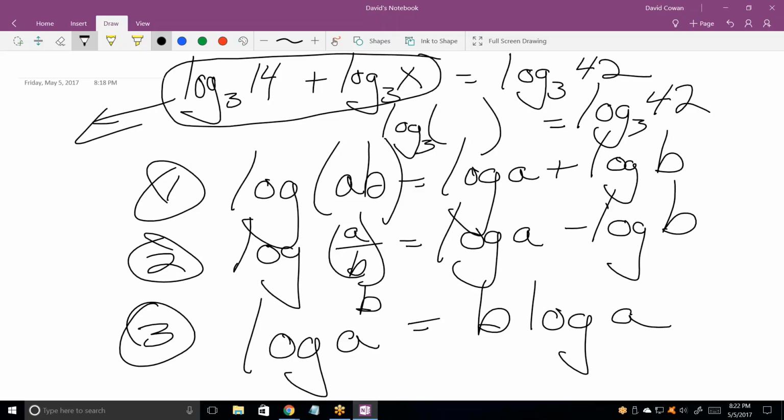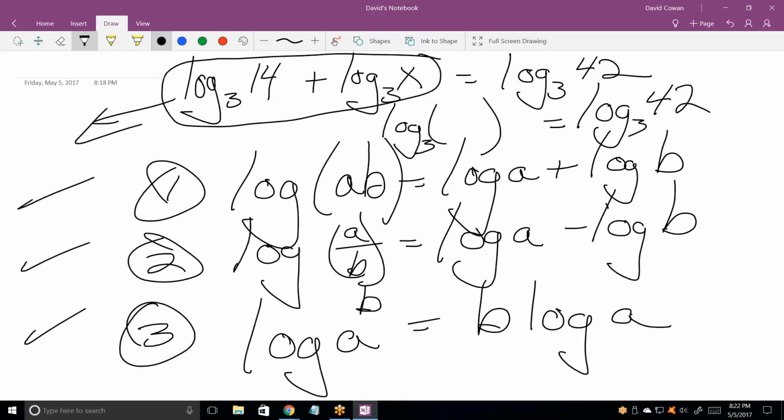They're not going to give you problems with different bases. They don't do that. I've been tutoring for 8 years. I've never ever seen a problem that said log base 4 of 14 plus log base 5 of x. They just don't do it. They give you the same base. And as long as it's the same base, then you can apply these three rules, whichever one fits.